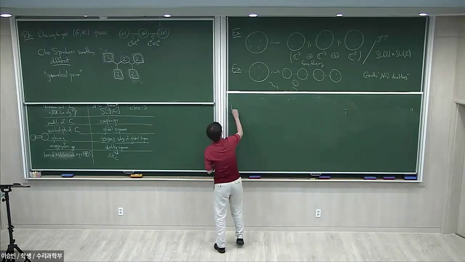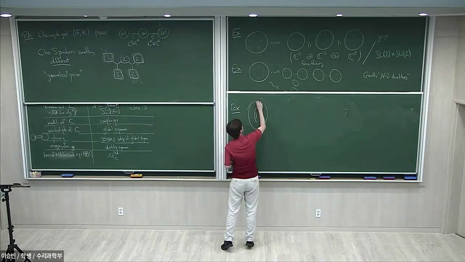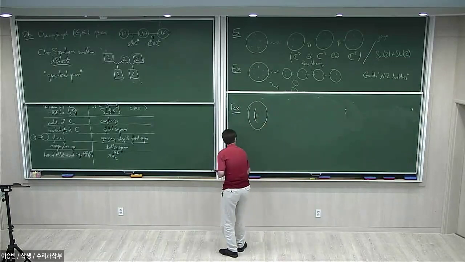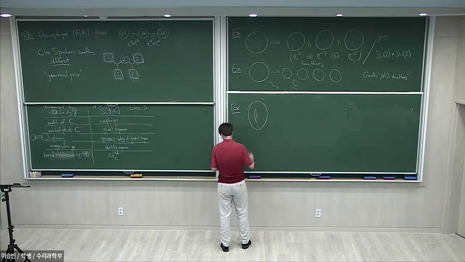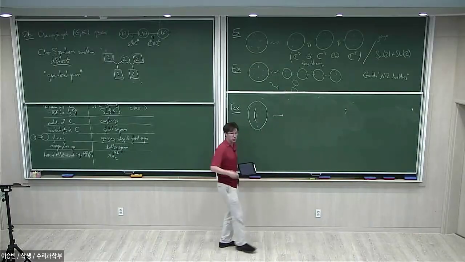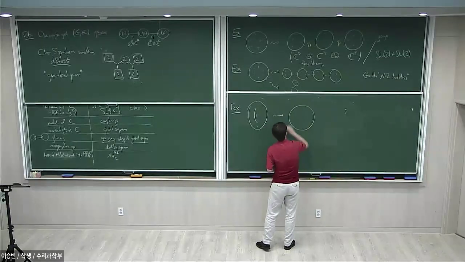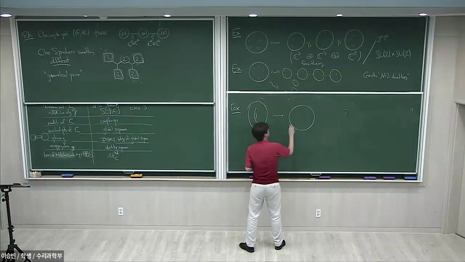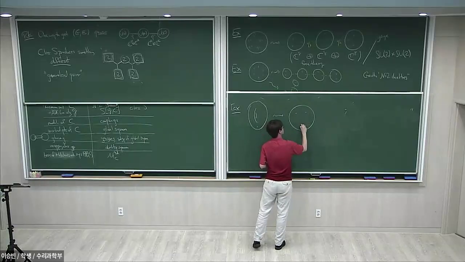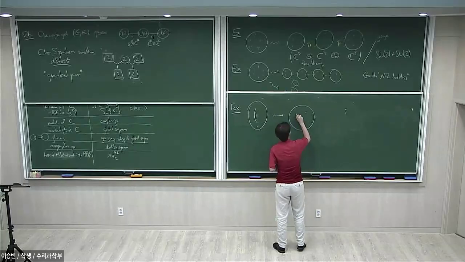One more example. Let's think about a torus with one puncture. So how can I think of getting a torus with one puncture in this business? Well, I could think of getting it by starting with a three-punctured sphere. And now I glue in a handle which glues it to itself.